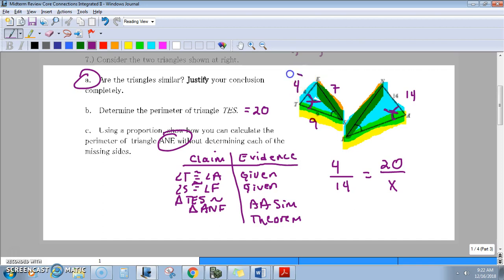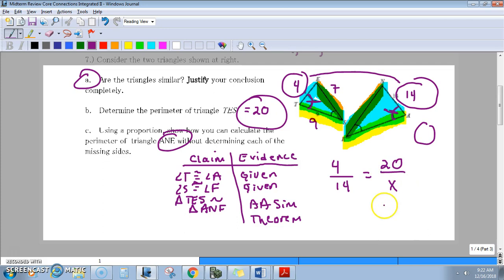So the 4 matches this 14. That's how I set up the first fraction. And then this perimeter over here was 20, and I want to know the perimeter of this one, so that's where the x came in.